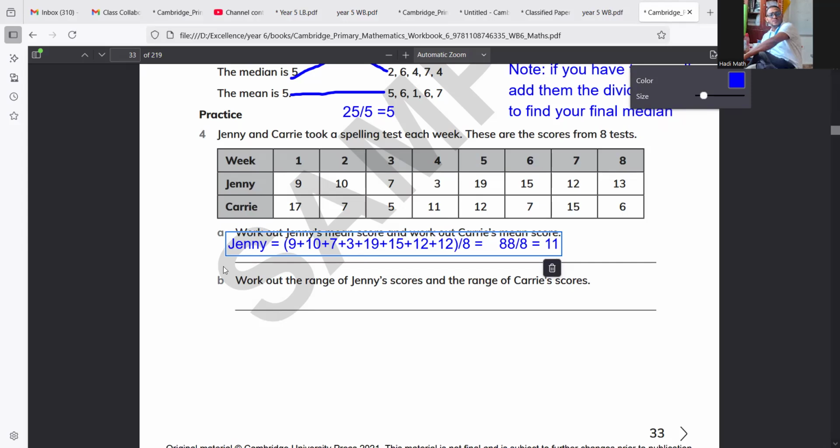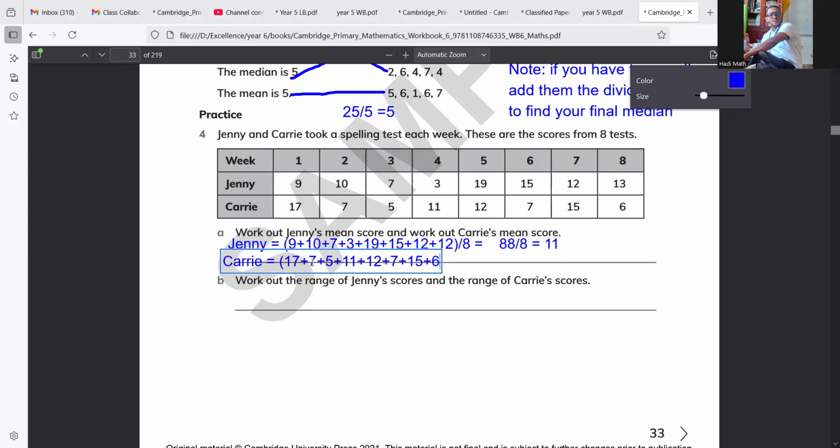You go here for Carrie. Carrie's mean is equal to what? You also add all of them: 17 plus 7 plus 5 plus 11 plus 12 plus 7 plus 15 plus 6.